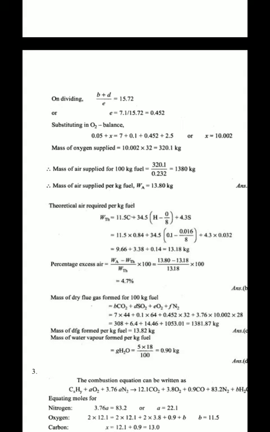From there, the percentage of excess air is WA minus WTH by WTH, which comes as 4.7%.